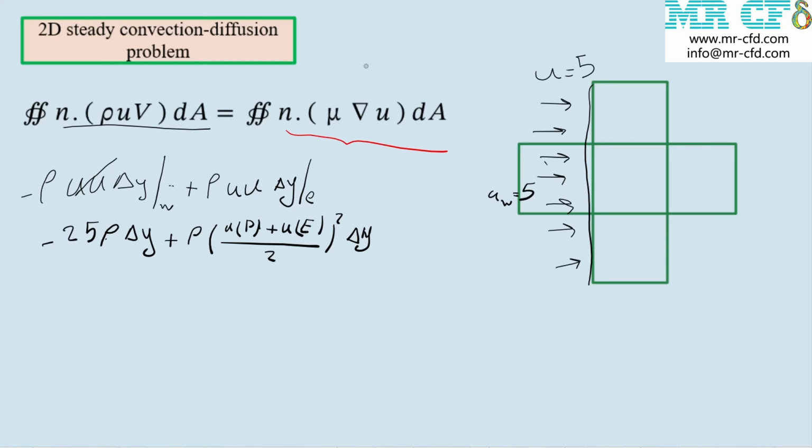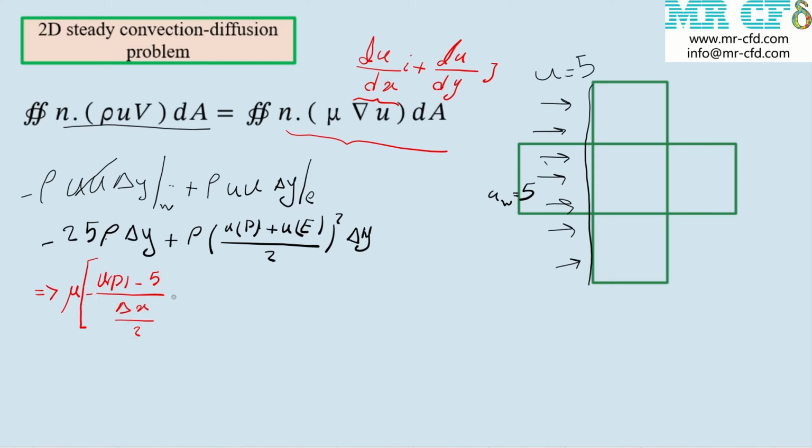And for the second term also, we can split the gradient of u to the first derivative of u with respect to x and y. If we calculate the derivative of u with respect to x in the west face, we can write (u_P minus 5) divided by half delta x, because the distance between the face and the node is half delta x, and the rest will be the same as before.